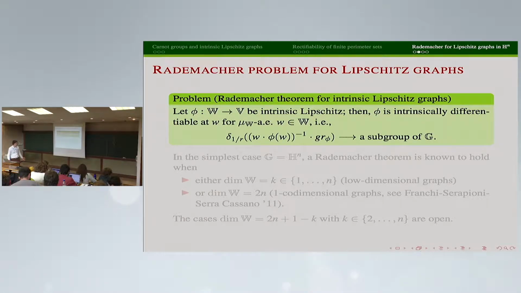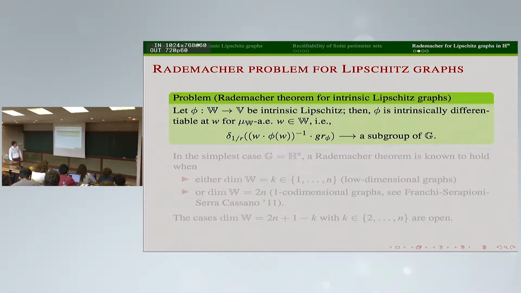I mean, W will be a nice, smooth submanifold of G. And we want to discuss the simplest case, in which G is the Heisenberg group.